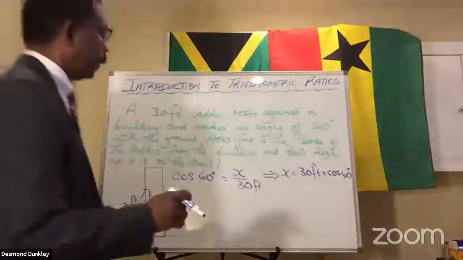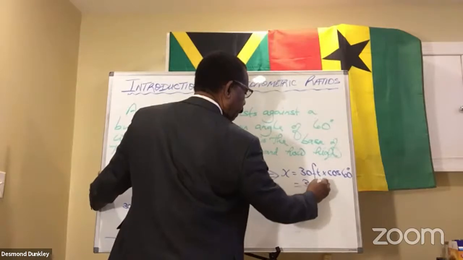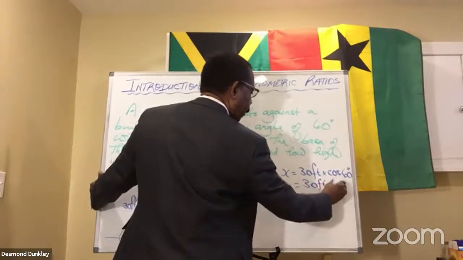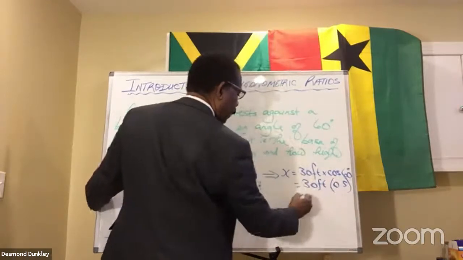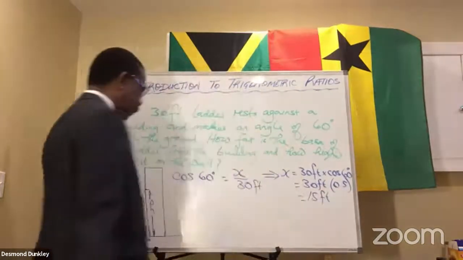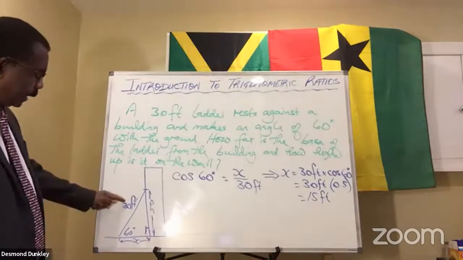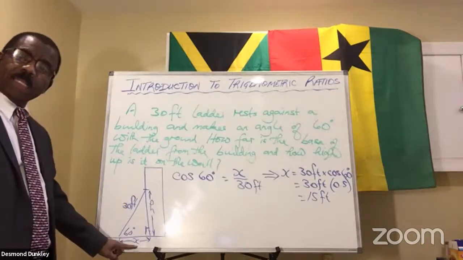So therefore, x is equal to 30 feet times 0.5, equal to 15 feet. So this is 15 feet from the base. So yeah, this is 30, this is 15.